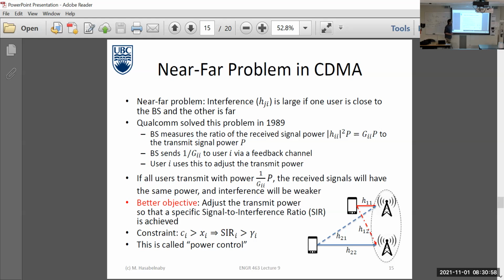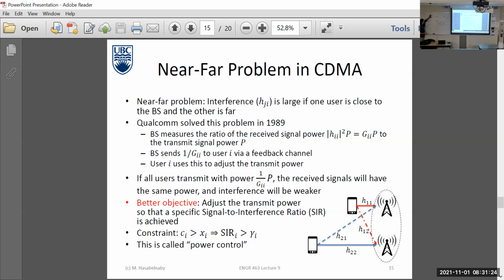This problem is called the near-far problem in CDMA. The user who is near to the base station will produce larger interference to the far user from the same base station. This is the meaning of the near-far problem.